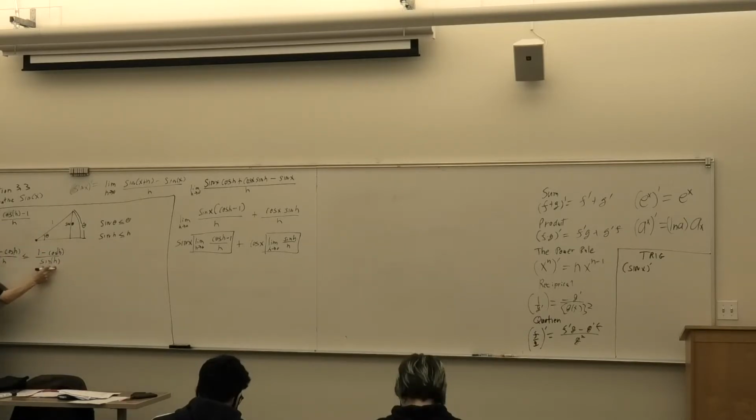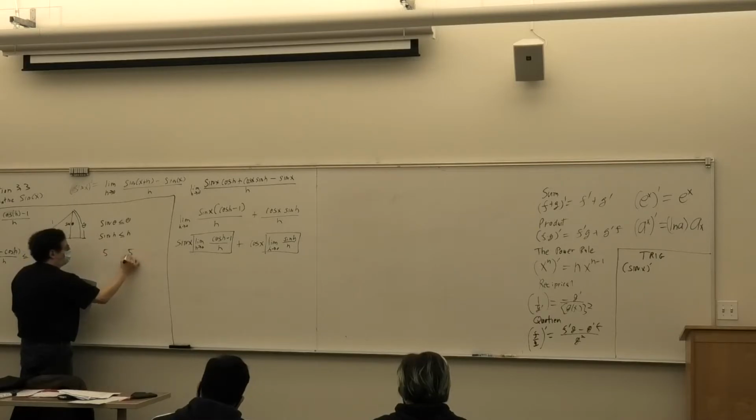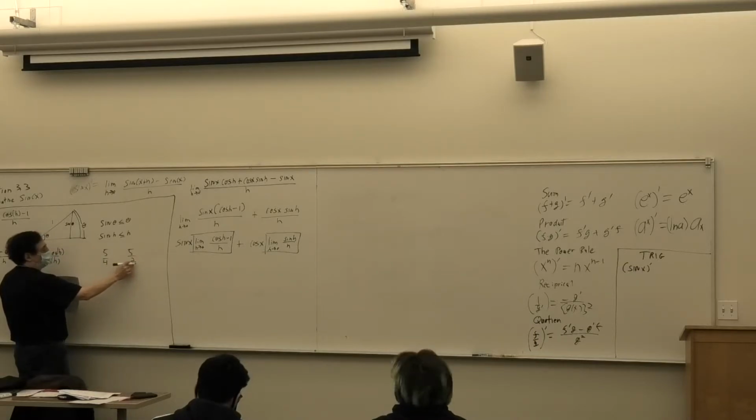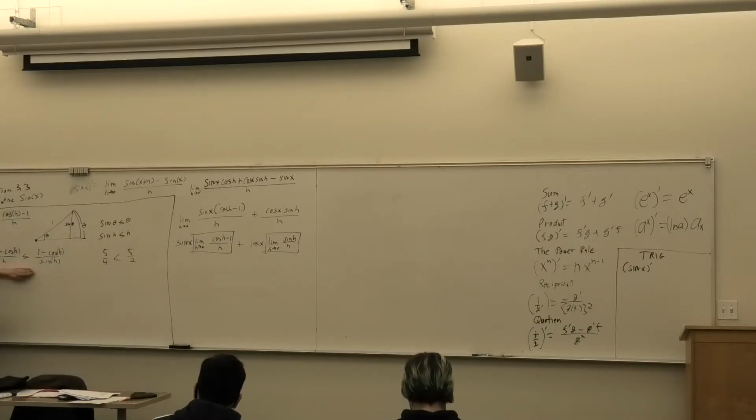If I divide something, 1 minus cosine of h, by something that's smaller, I get something bigger, right? If I divide by something that's bigger, I get something that's smaller, right? So that's what I'm doing here.